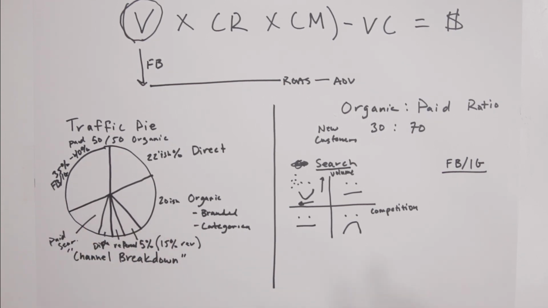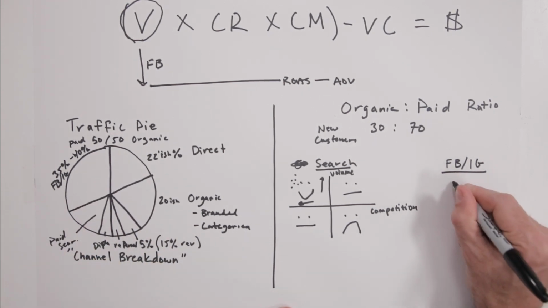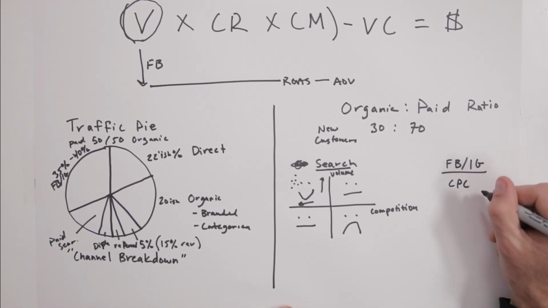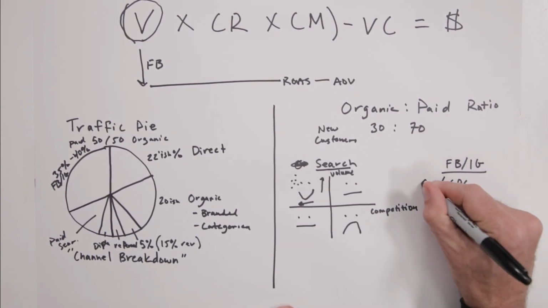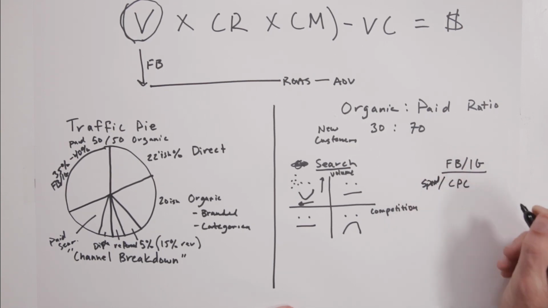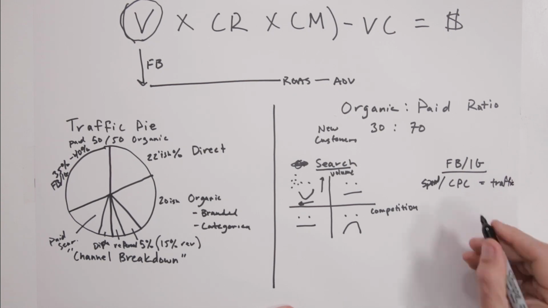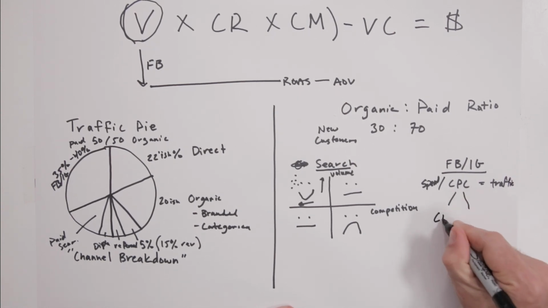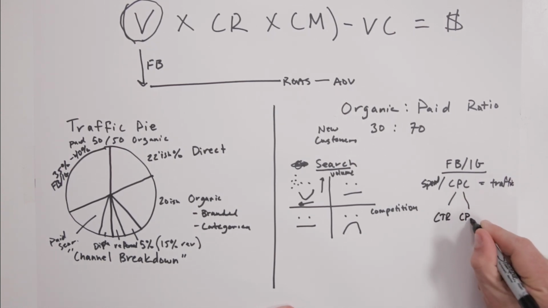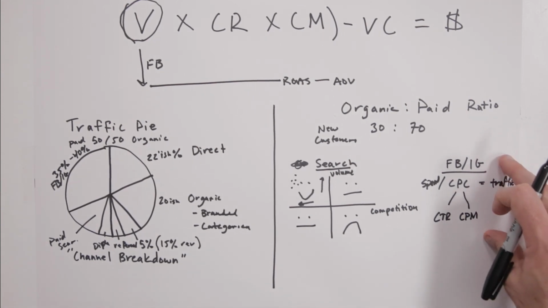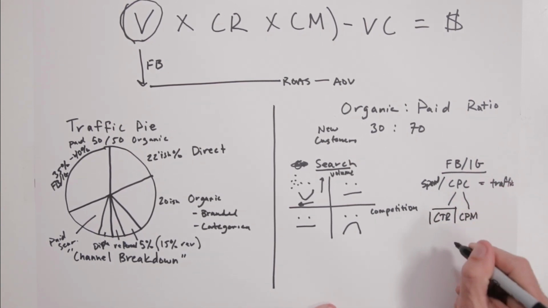One of the ways that you can think about your capacity for traffic is that traffic is simply a function of the cost, the CPC, so what you're paying over your spend. So spend over CPC equals traffic. And if I think of CPC as a function of CTR and CPM, one of the ways I think about my capacity to affect the traffic of an ad account is related to this metric right here.